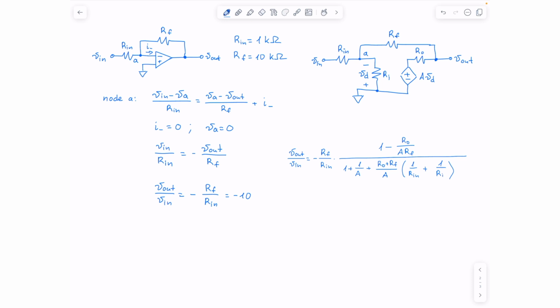And as you remember, we found that in our case it is minus 9.999889881. Analyzing the equation of the voltage gain with non-ideal op-amp, we can see that this term is very close to 1 and can be neglected in most of the analysis.